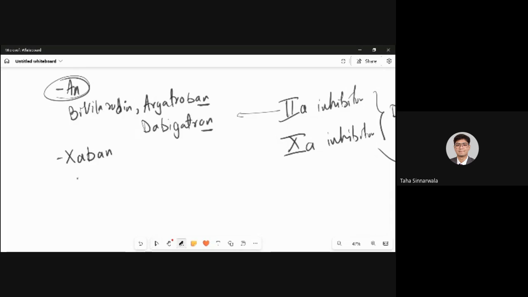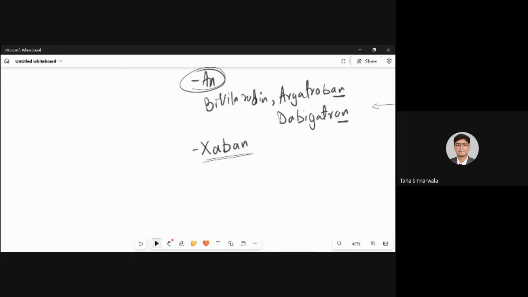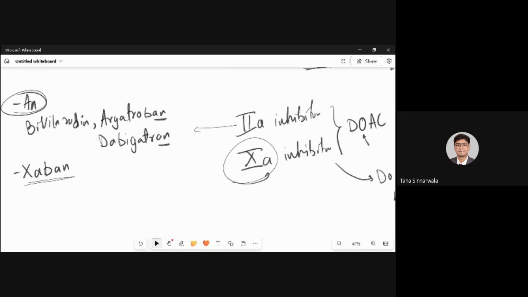And then all of these medications have XABAN at the end. So you have rivaroxaban and there's one more, apixaban. Both of these are direct factor 10A inhibitors.